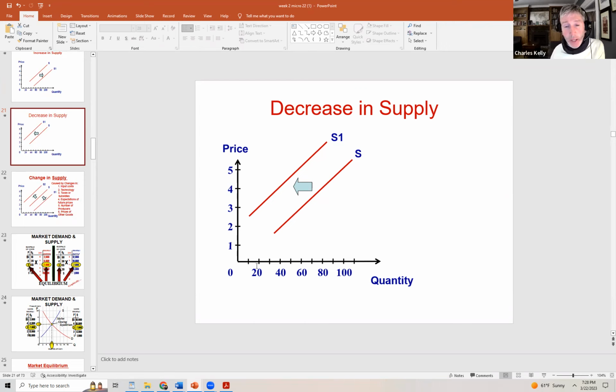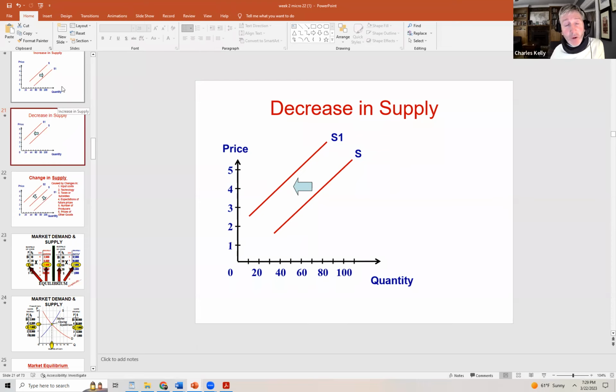And also look here: all the quantities on this new supply curve are lower than the original supply curve. So an increase in the price of a resource or a factor of production causes a leftward shift of the supply curve. The entire market schedule of supply has shifted left and it's decreased.